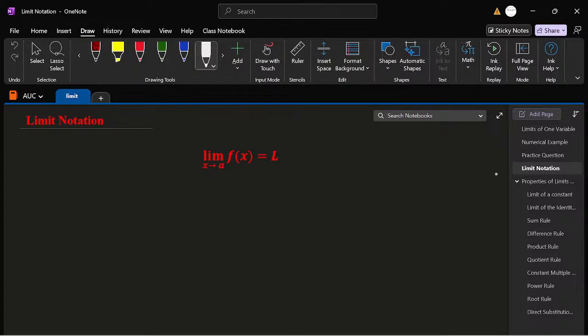So from this, you should know that the limit of any function as the input, x is the input, approaches a given number is always the output, that will be the L. So here, the x is the input, f of x is the function, and the limit, L, is the output.